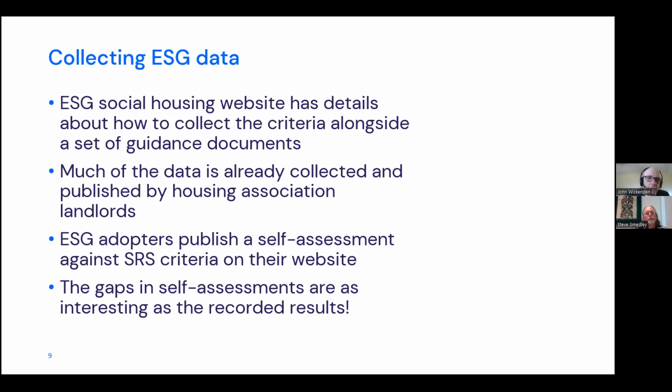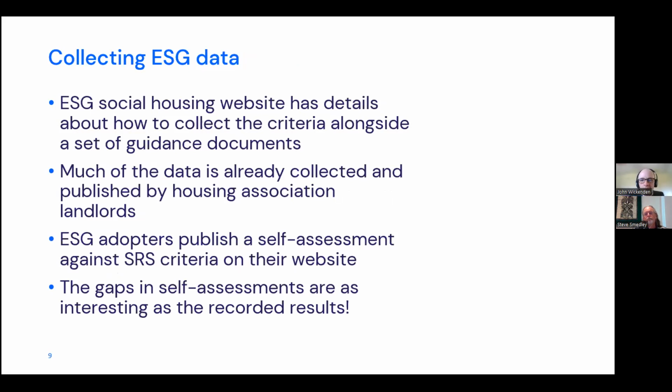So as I mentioned just now, the ESG social housing website has details about how to collect all of this, with the criteria that you need, a full set of guidance documents. I just want to emphasize, it's not HouseMark. Obviously we have our own set of criteria that covers cost, satisfaction, performance.